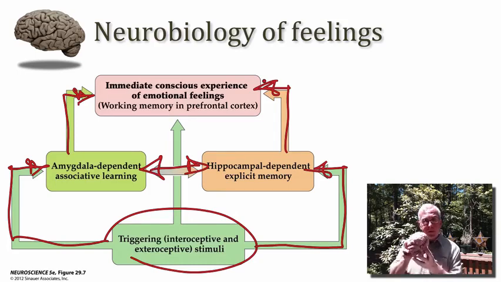Now, when we survey the anatomy of our own orbital and medial prefrontal cortex, obviously we're impressed with the development of these regions of the human brain, and it's tempting to therefore conclude that there must be some dimensions of emotional experience that are uniquely human.